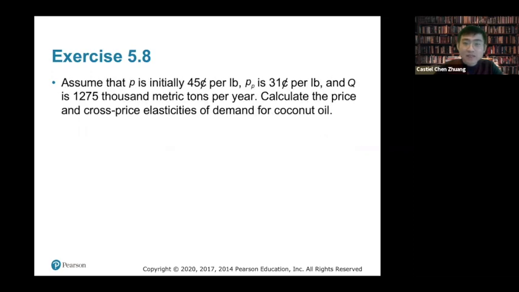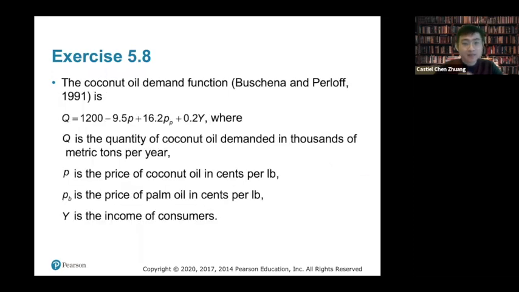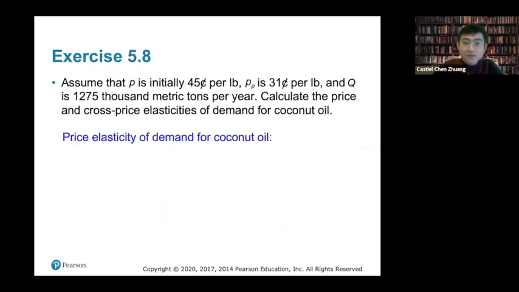And actually, we don't need to plug them in because we can just treat them as constant, and when we take the derivative, we ignore those variables. So what's the cross-price elasticity?